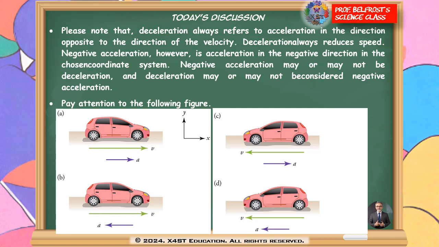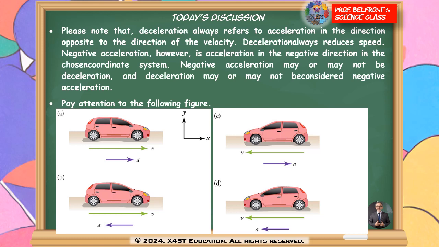But the second thing I want you to pay attention to is that deceleration doesn't always mean negative acceleration. These two concepts are actually not the same. Negative acceleration is acceleration in the negative direction in the chosen coordinate system, and negative acceleration may or may not be deceleration. It depends on the situation.